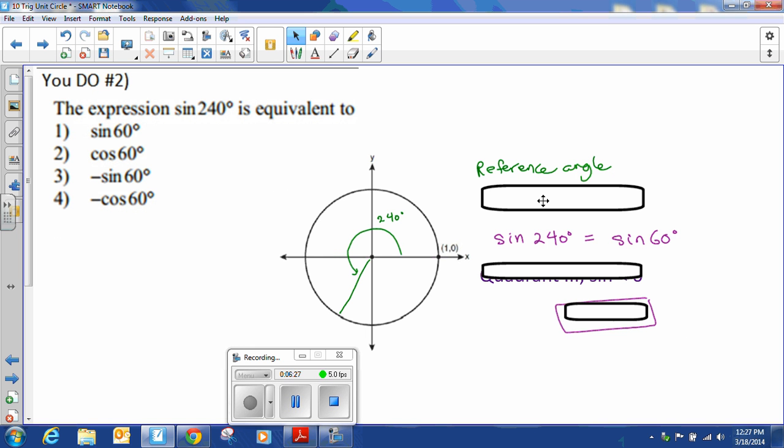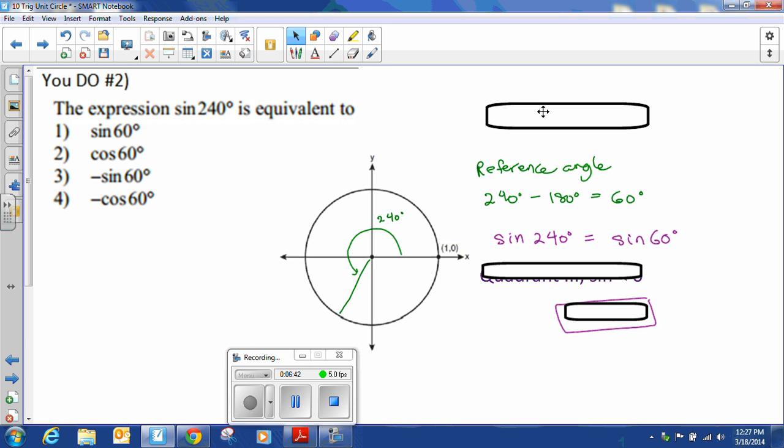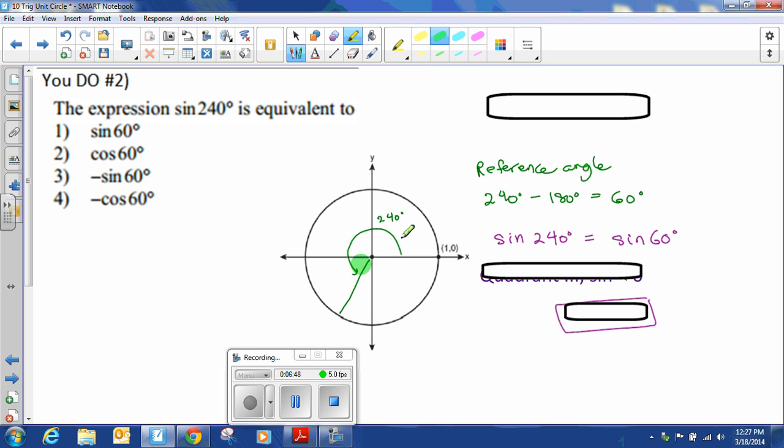All right, here's another one. You do number 2: sine of 240. Now, it's already positive, so we don't need to find the coterminal angle. We want to find the reference angle, and that will be 240 minus 180 to give us 60 degrees. So right in here is 60 degrees. That's the reference angle.